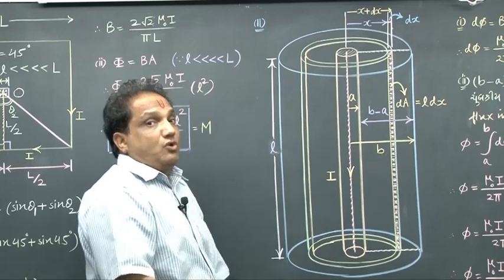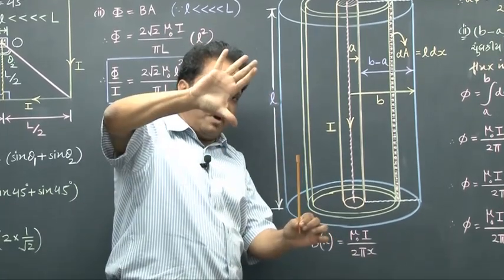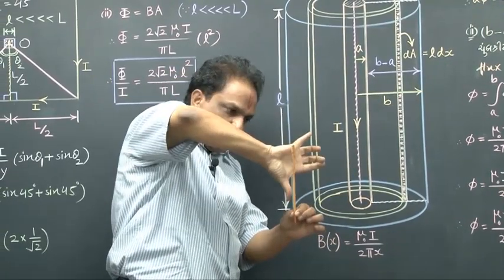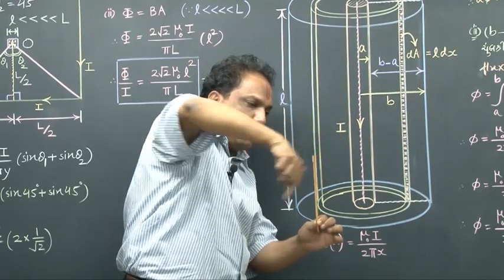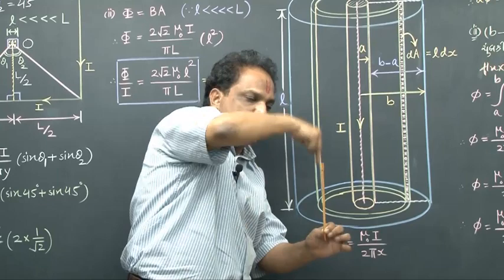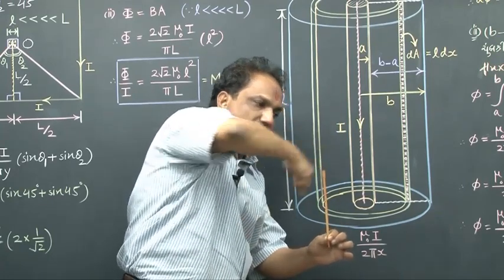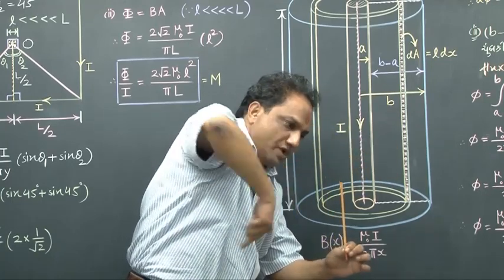Now what about the direction of magnetic field? Just hold this axis in your right hand palm such that the thumb points in the direction of current, this way. Then in whichever manner the fingers of the right hand palm whirl around this axis, in the same manner magnetic field lines also take the turn. So magnetic field lines will take a circular turn this way, okay.